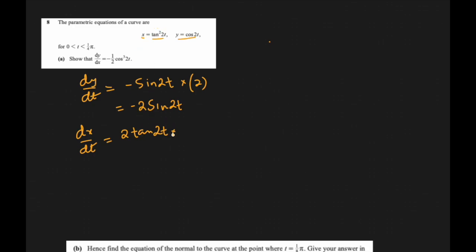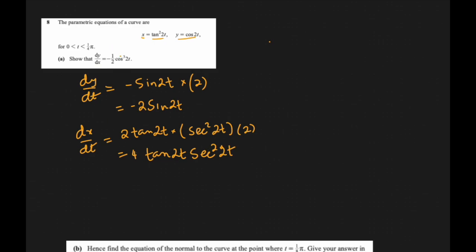Then multiplied by chain rule, we will differentiate tan 2t, the base of square, which is tan 2t. So the differentiation of tan 2t is secant square 2t, and then we differentiate the angle again. So differentiate 2t, here we get 2. So the final answer will be 4 tan 2t secant square 2t.